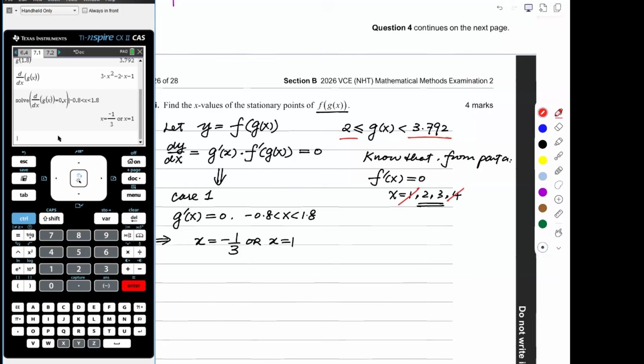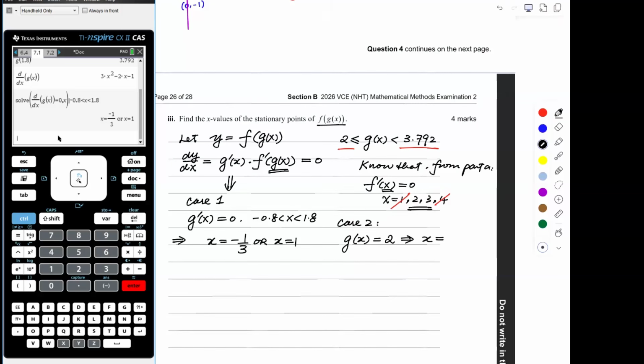So we knock this out. Therefore, we will have case 2: g of x, the inner part, has to be 2, and that gives me x equals to what? I think that's x equals 1 from the previous part.